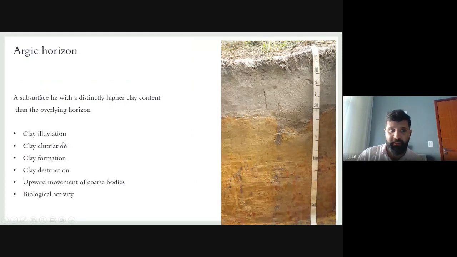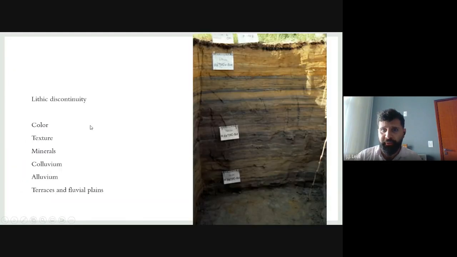It's not related to clay illuviation or eluviation, formation or destruction, biological activity, or even an upward movement of coarse bodies. It's just a difference of texture related to the different energy of the erosion transporter.